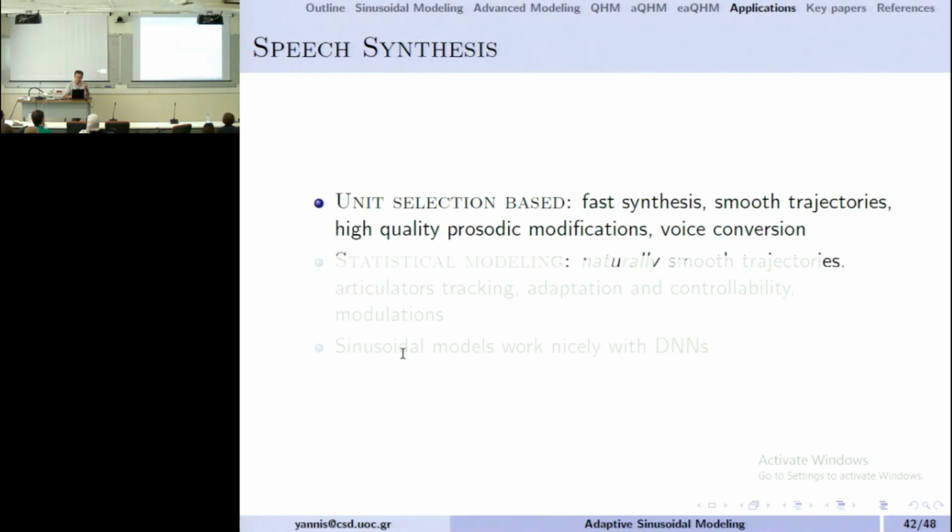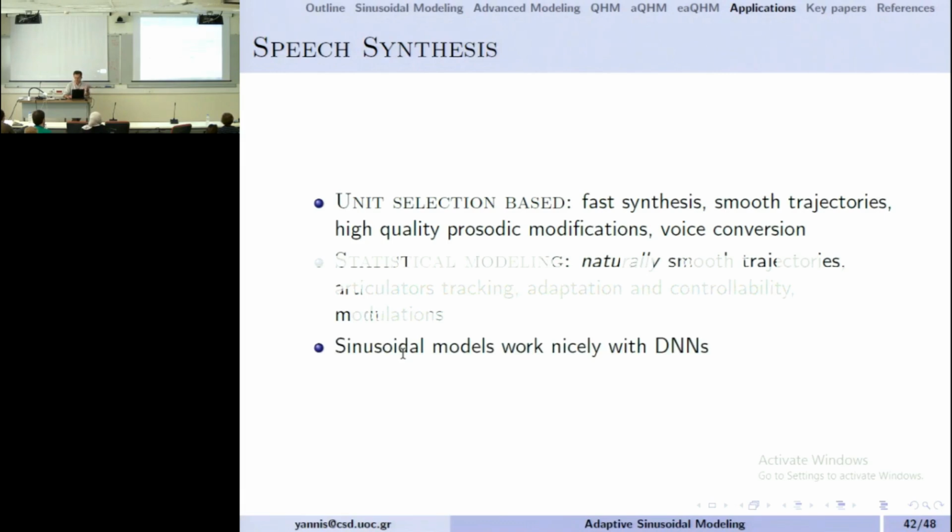Statistical modeling, yeah, obviously you can do that. The point is how to model the acoustics that come from the AM and the FM. If you solve this problem, then you can use this for speech synthesis.